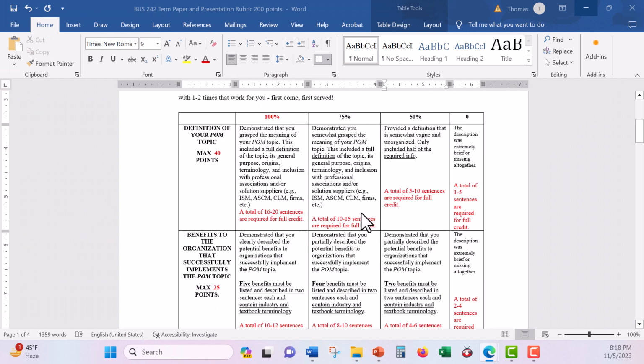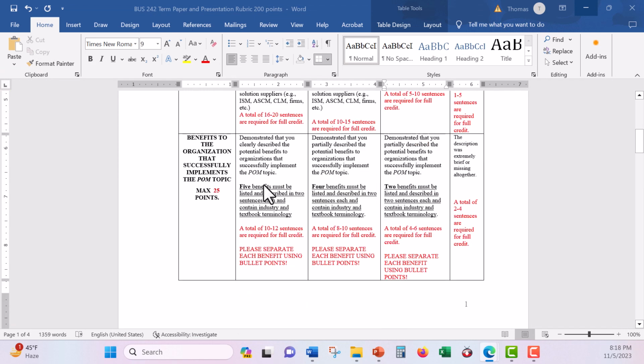Now, benefits to the organization that successfully implements the POM topic. All right, so here you're going to have 5 benefits that give an organization the edge if they use it.